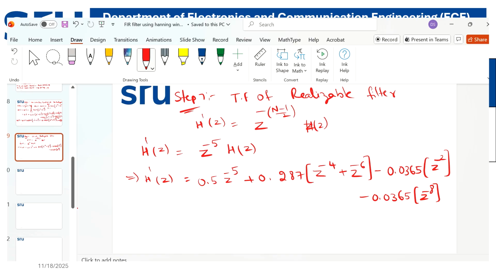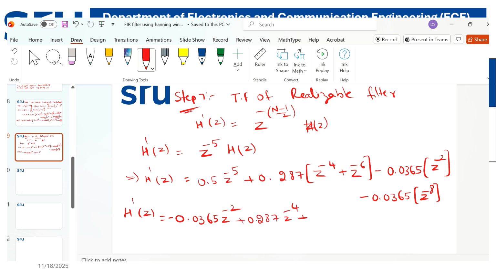Now next step, rearrange this. H dash of z is equal to, first term is minus 0.0365 z power minus 2 and the second term is 0.287 z power minus 4.